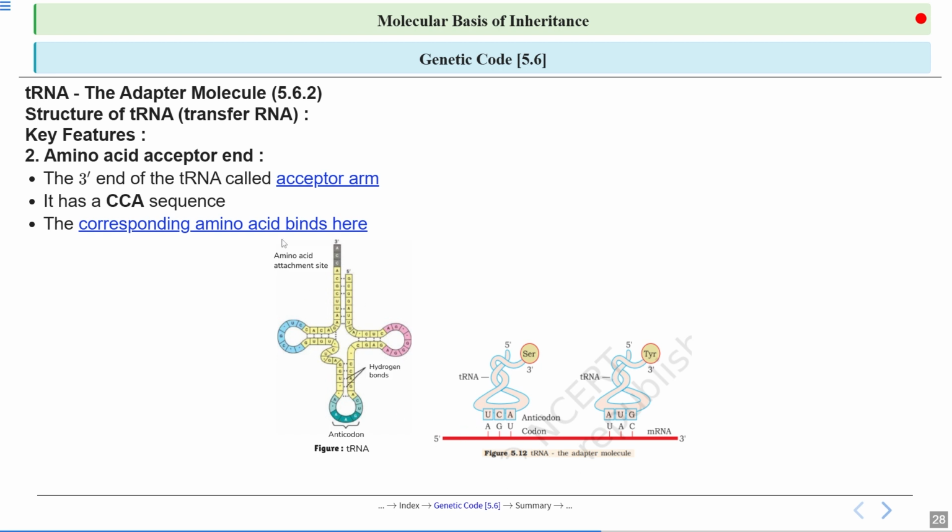It has the amino acid receptor end at the 3' end, which is called the acceptor arm. And the corresponding amino acid binds here, whichever amino acid that codon is coding for. So this end is going to have the corresponding amino acid bound.